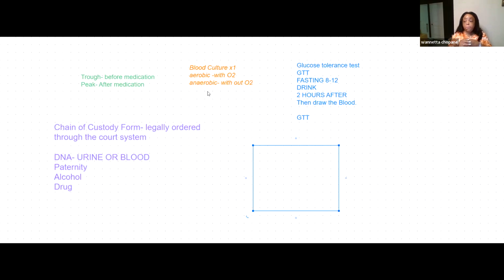Okay. I know we went over a lot today. I went over the order of draw more, and also special collections. So on Saturday, I will start off with a Kahoot game, to get us relaxed a little bit. Then I will go over processing your labs, because now we went over venipuncture, how to read the requisition, taking our patient blood.